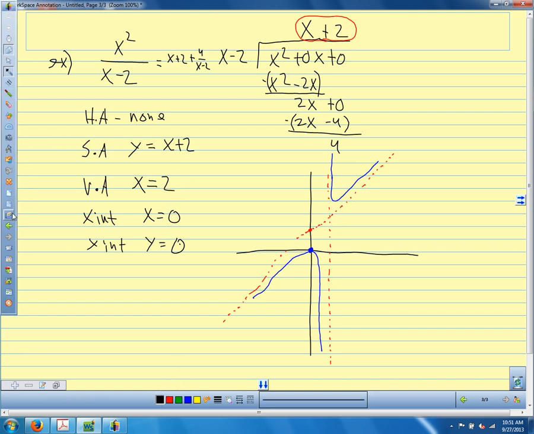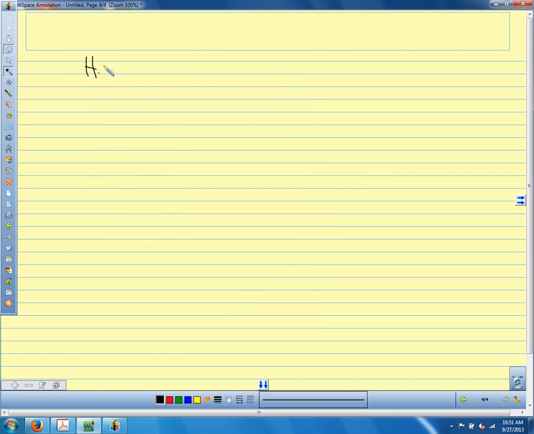All right. Homework. A good number of these problems are calculator problems and looking at the asymptotes.